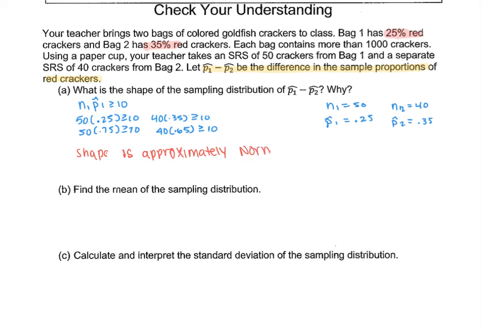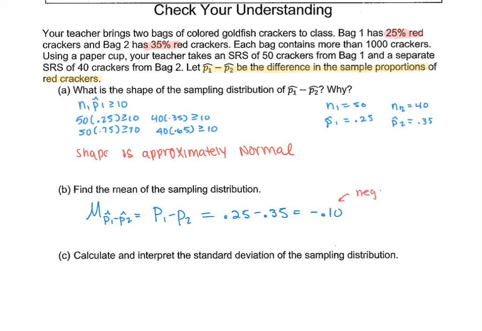Approximately normal. And the mean of the sampling distribution we just learned: the mu of p hat 1 minus p hat 2 is equal to p1 minus p2, which we are given in the problem. 0.25 minus 0.35 equals negative 0.10. Now, it's okay to have a negative difference.